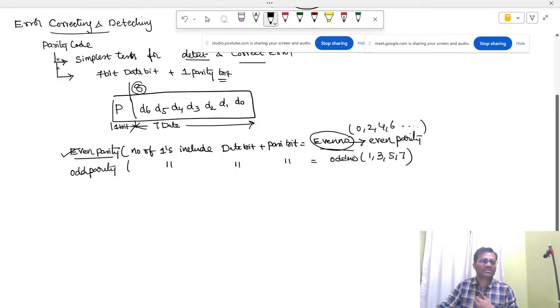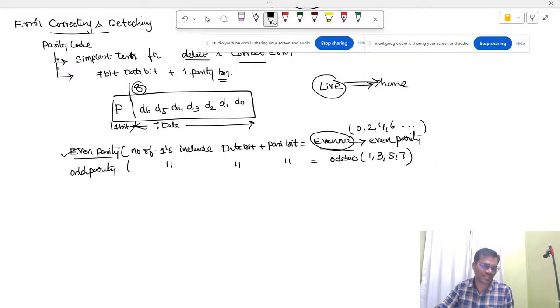So, sir, what is this error correcting and detection? For example, I'm taking an online class. This is a live class, and you are sitting at your home. The problem is that I am sending the data but you are unable to receive it. The problem may be due to the internet or Microsoft. This data I send is called data bits.